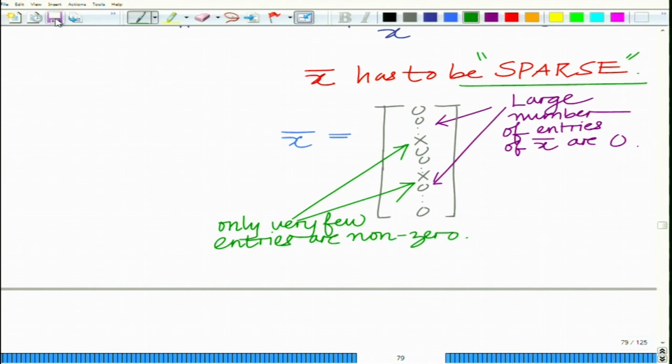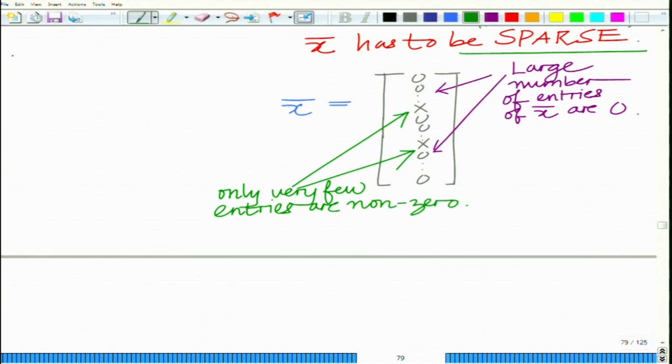Only very few entries are non-zero. So, a large number of entries of x bar are 0, very few entries are non-zero. So, x bar is a sparse vector.